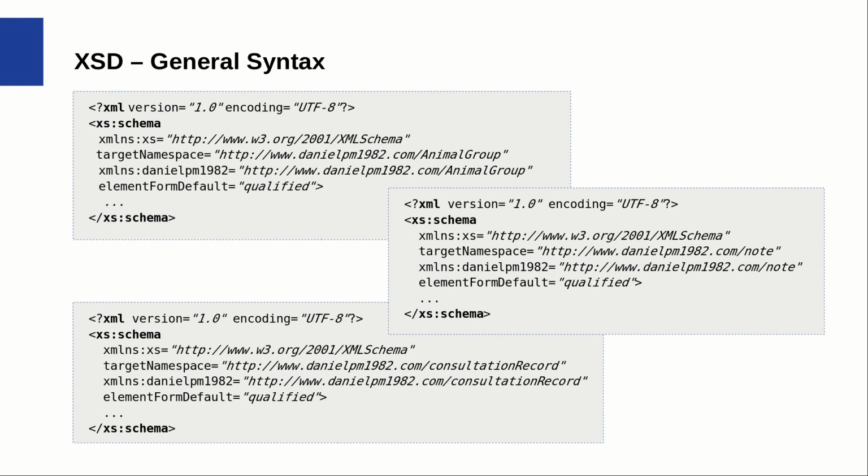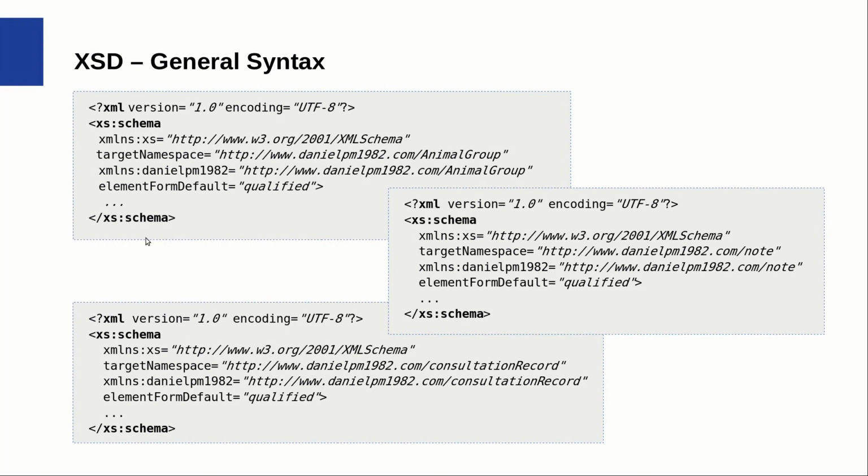But just in advance, when you set the value as qualified, you're just saying that any XML instance that refers to this XSD document and makes use of its components, whether elements, attributes, or data types, must make use also of the namespaces, in this case the target namespace defined at it.